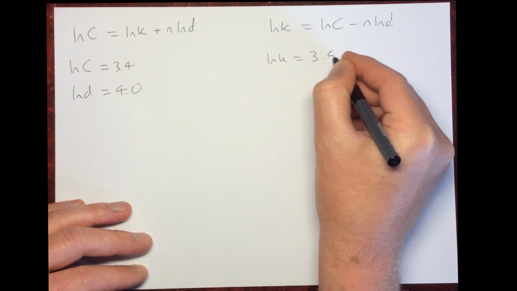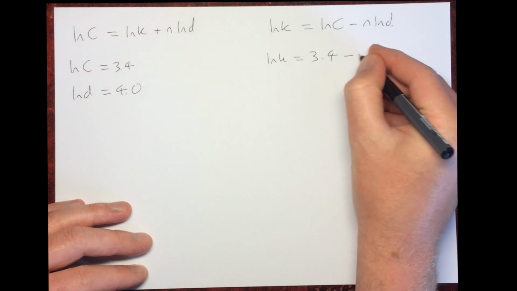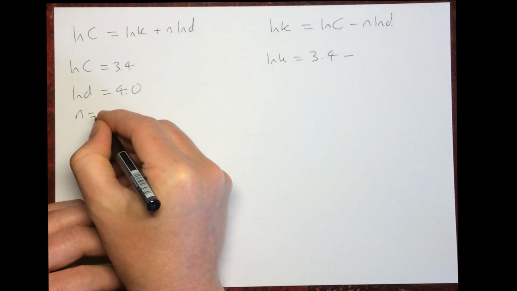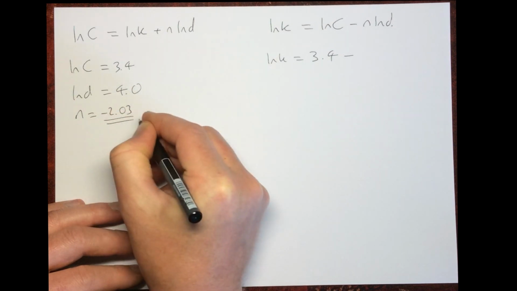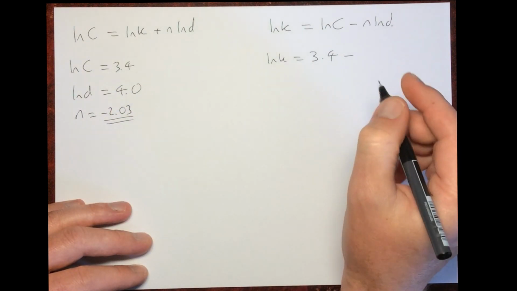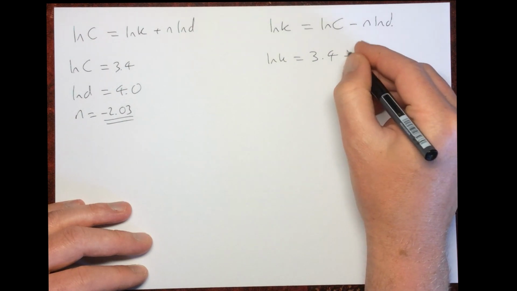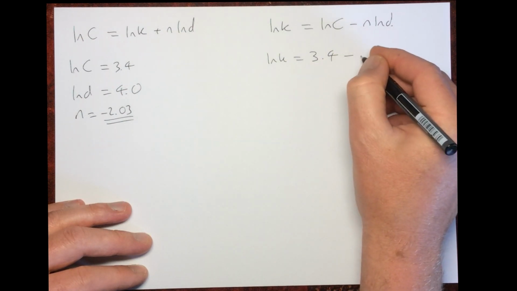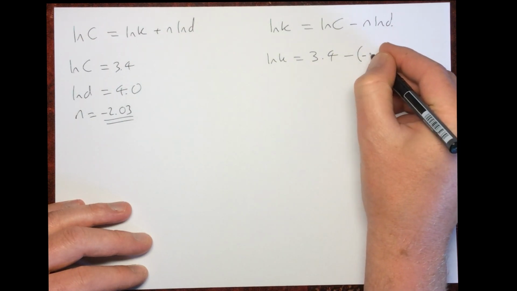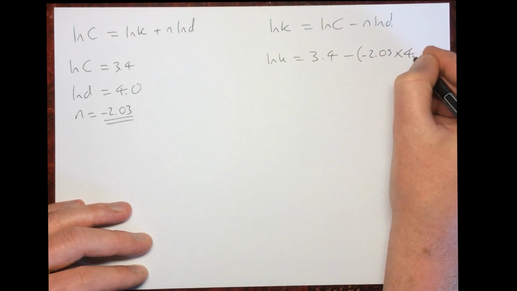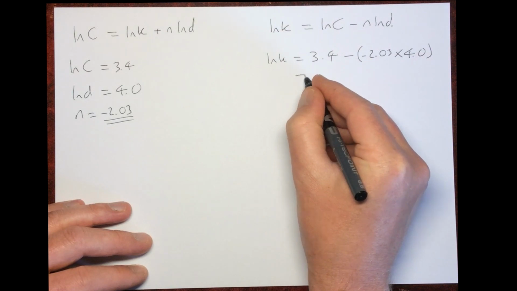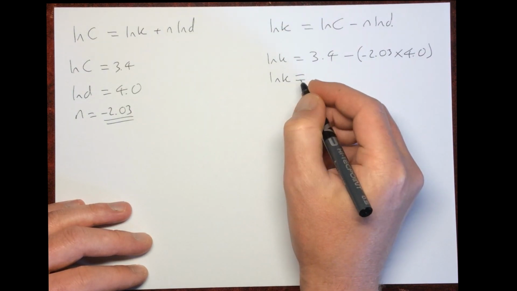So lnc is 3.4, and we're going to minus n, which we know is minus 2.03. We've already worked that out, that's our gradient from our graph. So we do 3.4 minus minus 2.03 multiplied by 4.0, and that's going to give us our value of lnk.